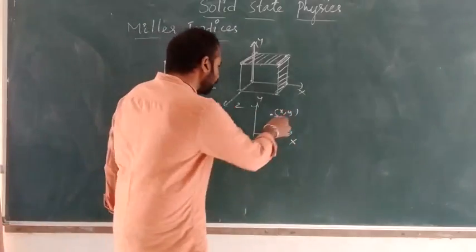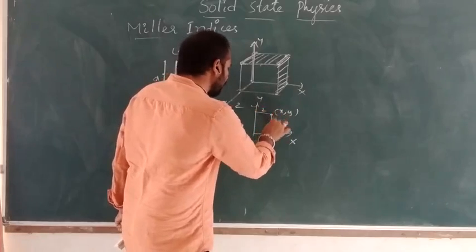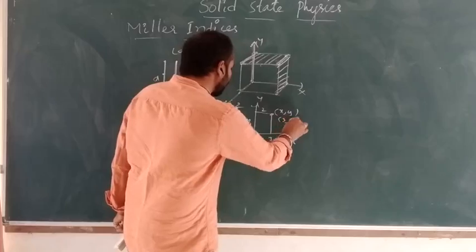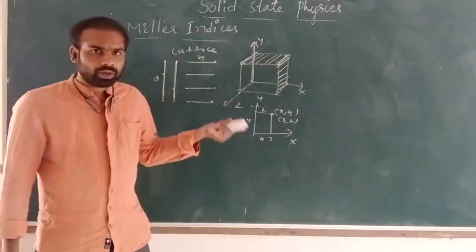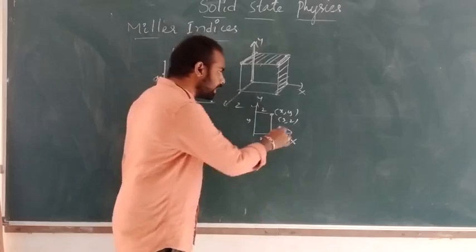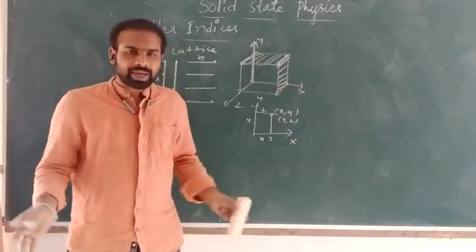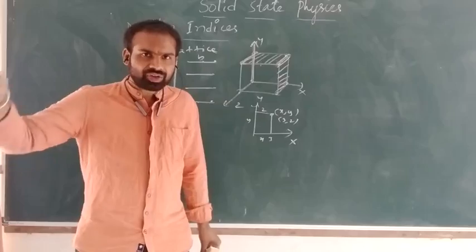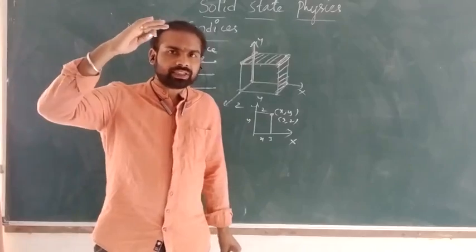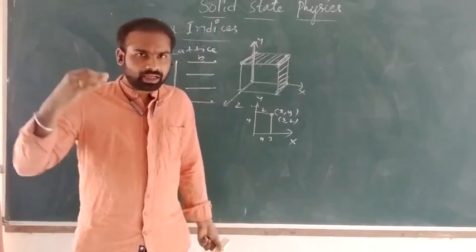If this point is 2 units far from the y-axis and 3 units far from the x-axis, then this point can be represented by 3 comma 2. Similarly, in the space lattice, by joining points we get a plane. With respect to the coordinate system, how can we represent this plane? That is the question.